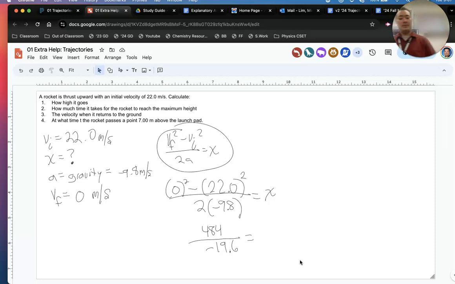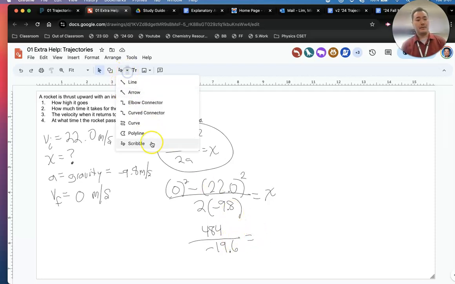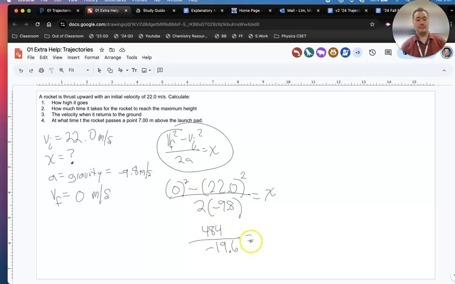So, what'd you get when it's 484 divided by negative 19.6? Let's do it together. All right, someone try to confirm that. Let's see if you can get that as well. 484 divided by negative 19.6.